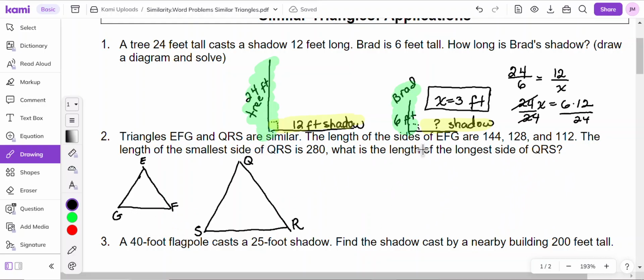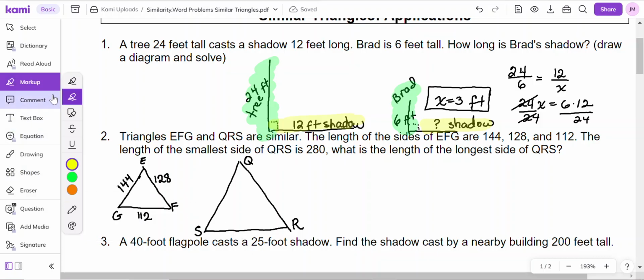The lengths of the sides of EFG are, since they're not specific, we're just going to go like that. And then, what information do they give you about QRS? Say it again? The smallest side is 280.